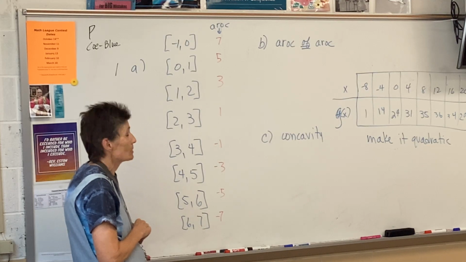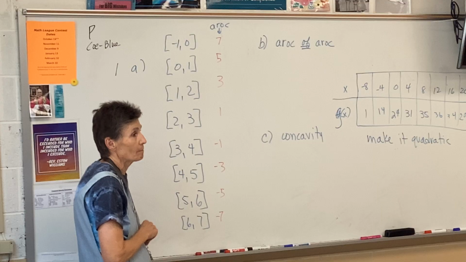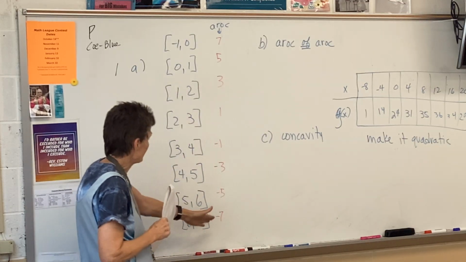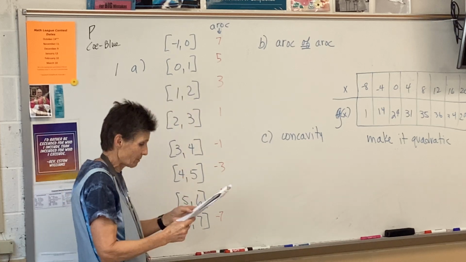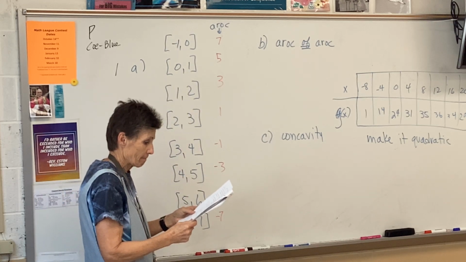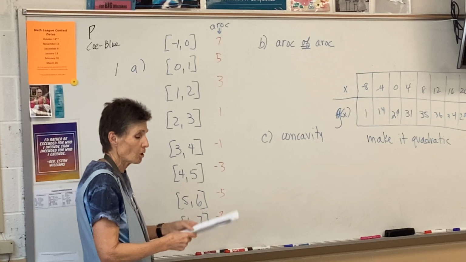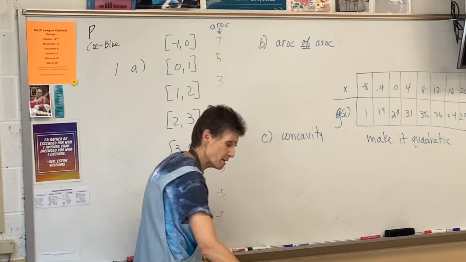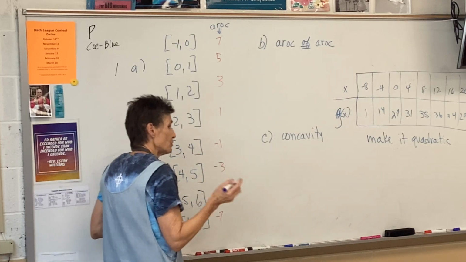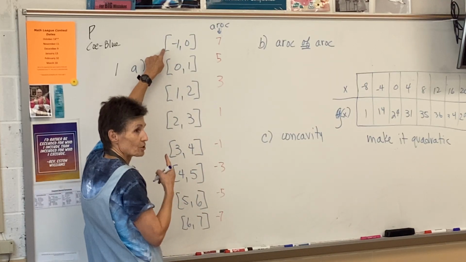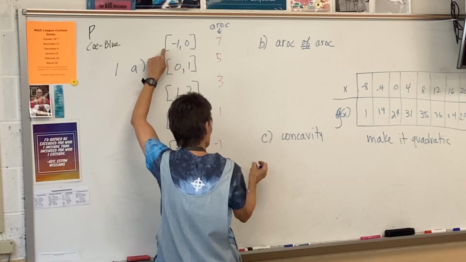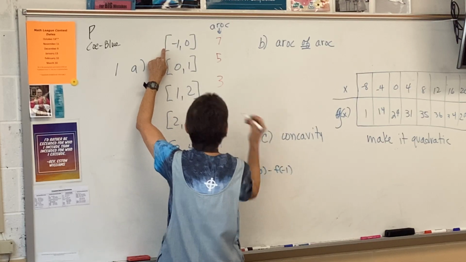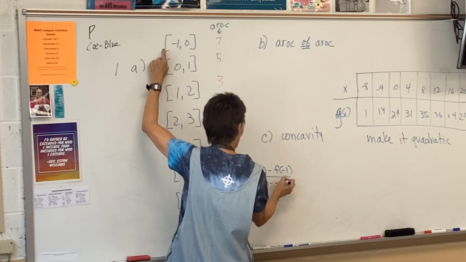All right, so what do we think about these? We're going to answer these questions based on these. Charlie? Should the signs be flipped? Well, they should be, so let's make sure everybody's clear on that. Let's say this is your interval. Your calculation should be f of 0 minus f of -1 over 0 minus -1.